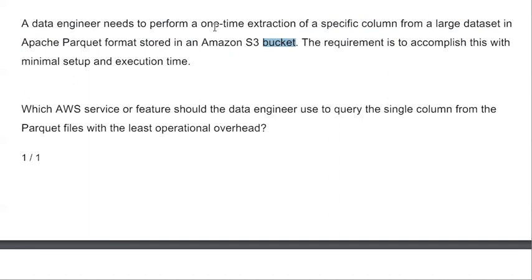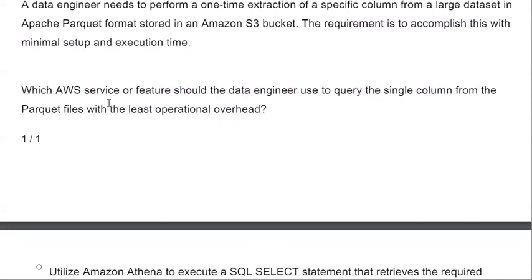The requirement is to accomplish this with minimal setup and execution time. So with minimal effort, you need to do this. Which AWS service or feature should the data engineer use to query the single column from the Parquet file with least operational overhead?